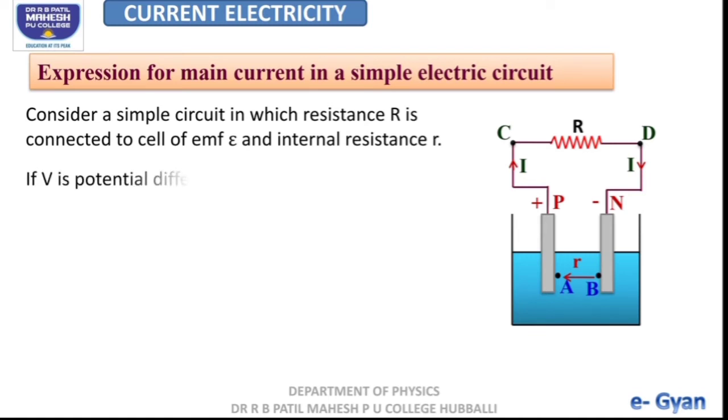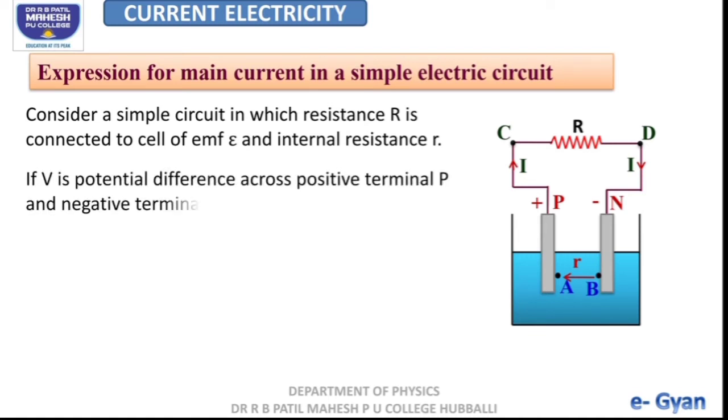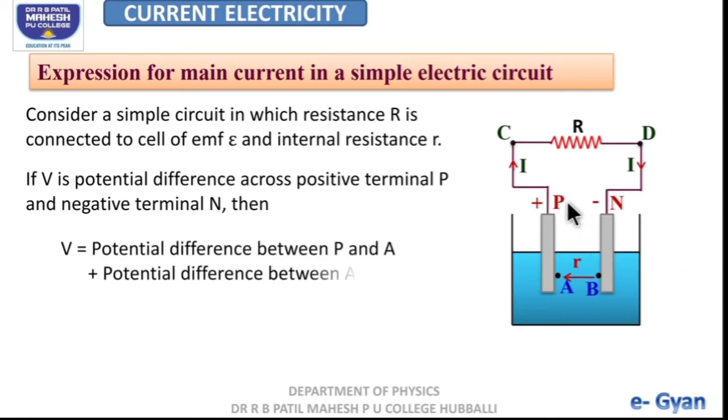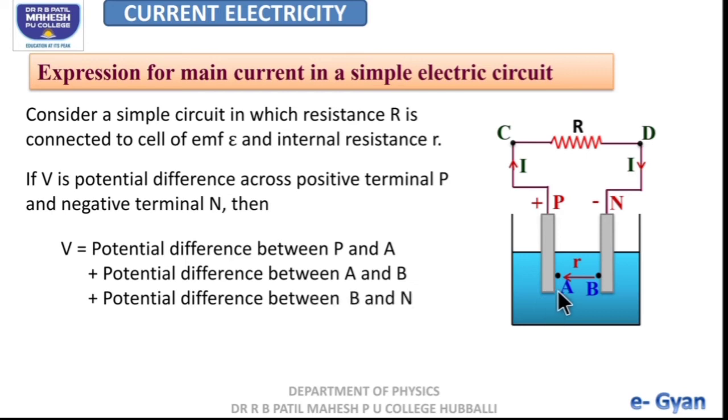If V is the potential difference across positive and negative terminals of the cell, then this potential difference is given by V equal to potential difference between P and A plus potential difference between A and B plus potential difference between B and N. The potential difference between P and A is V plus, potential difference between A and B is I into R, and potential difference between B and N is minus V minus.